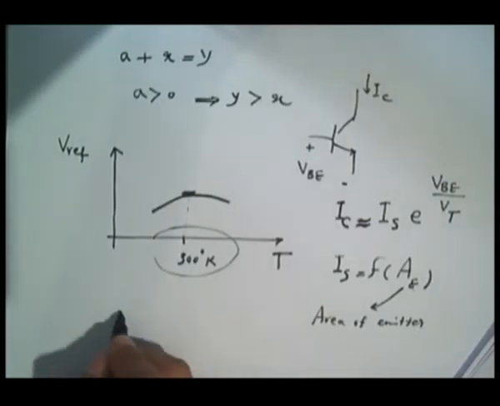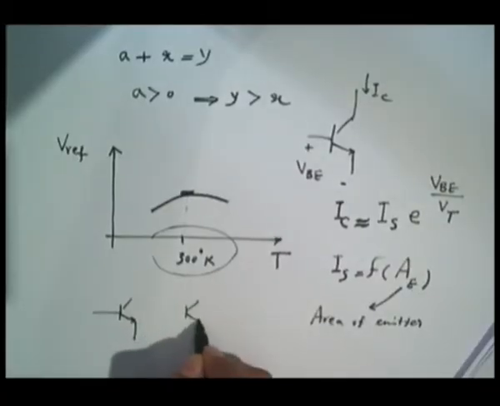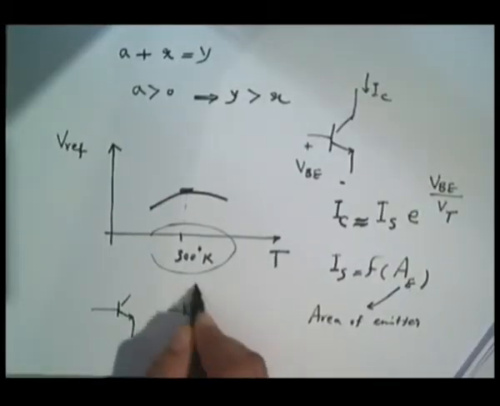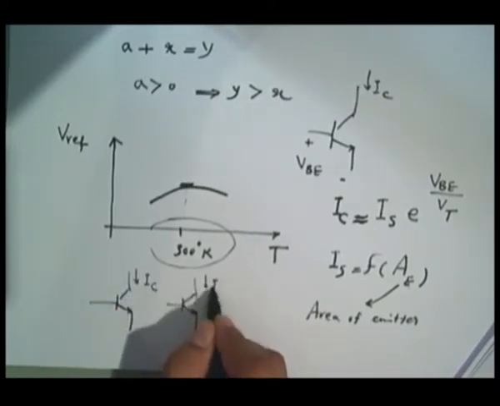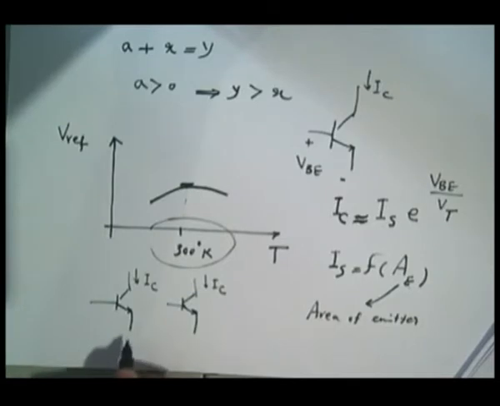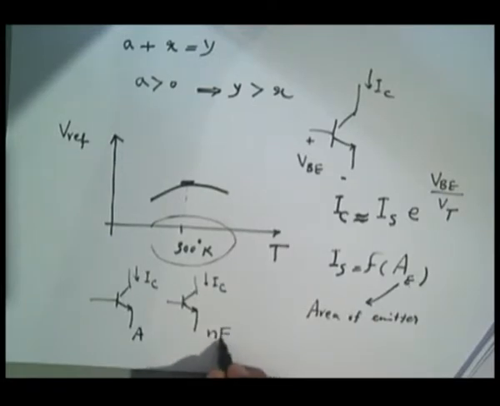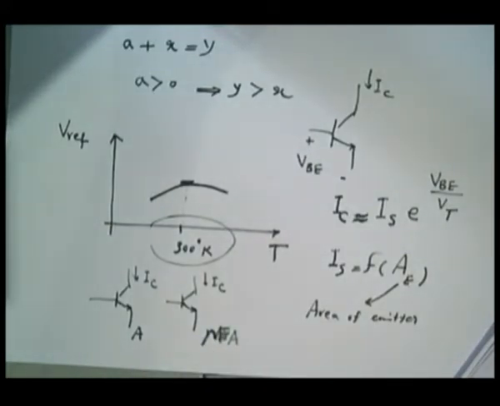So here what we do is consider we have two bipolar transistors. They have the same current. The only difference is the area of the emitter in one transistor is A, in the second one is NA. Let us use capital N. So NA.